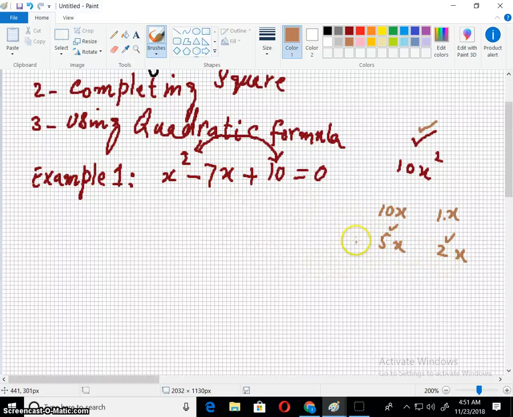Since I need negative 7, I put a negative sign here and a negative sign here. So the factors that I can get is x square minus 5x minus 2x plus 10 equal to 0. From these two numbers I can take x as a common factor, and from these two numbers I can take 2 as a common factor.